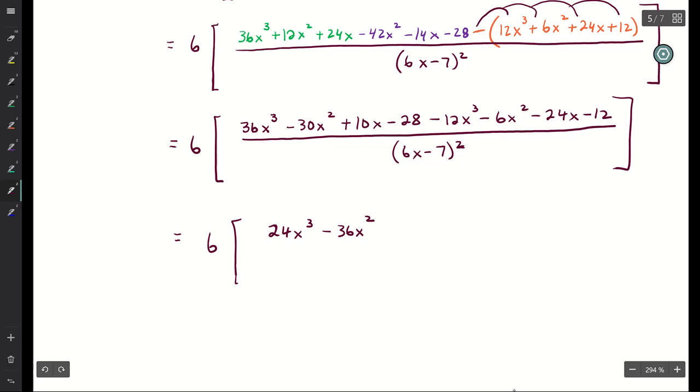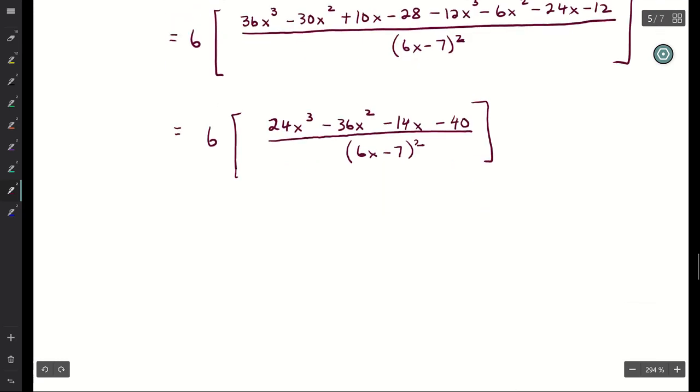All right, from there, it looks like we have a 10x and a negative 24x. So that's going to give us a negative 14x. And then at the back end over here, we have a negative 28 and a negative 12. So that's going to end up giving us negative 40 at the back. And then all this is still over the 6x minus 7 all squared.